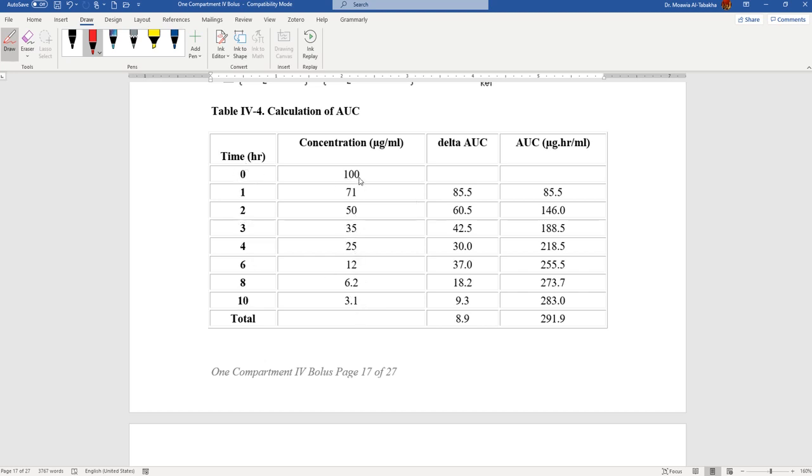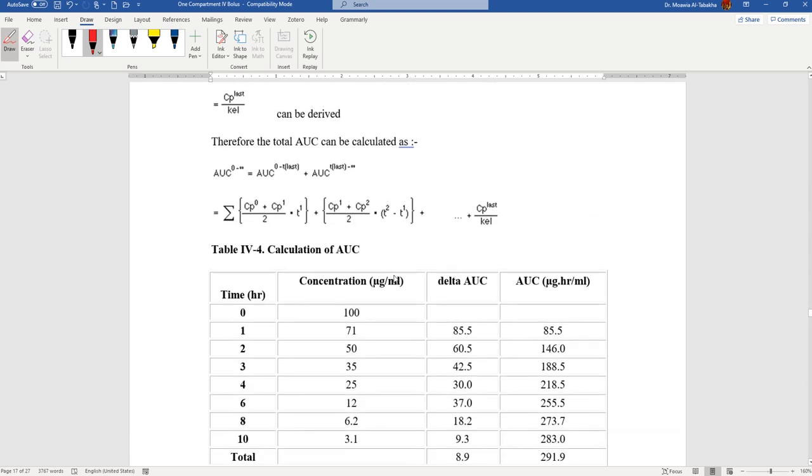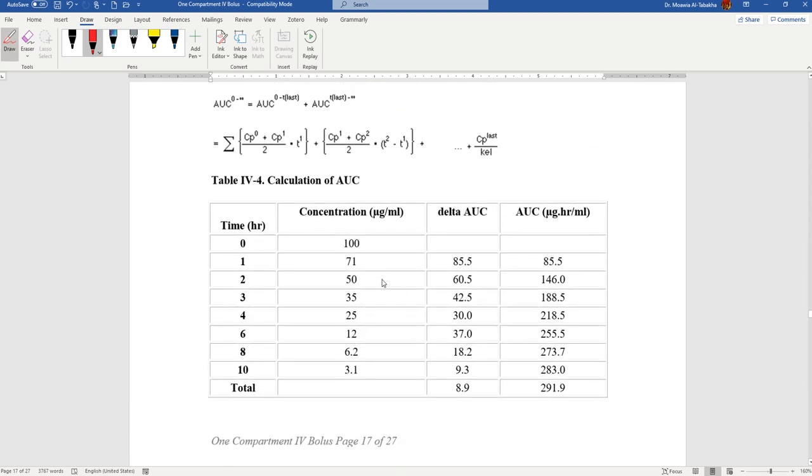In this case, maybe you do not need to draw a graph, depending on whether you are given the KL value or not. Okay, but anyway, I want you to imagine the following. You have time with concentration. At 0 time, the concentration was 100. At 1 hour, 71, 50, etc. And these are the units.